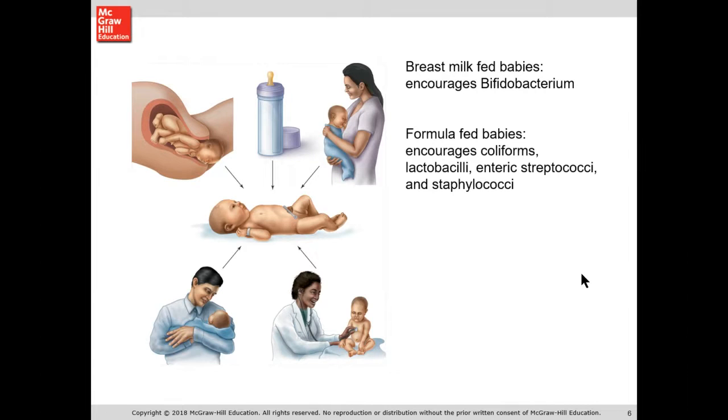So a vaginally born baby will have a more robust microbiota compared to babies that are born by C-section. And we see the same thing in breastfed babies as well. Their natural bacteria is different than a formula-fed baby. Okay, just different species. And that can even affect the weight of the baby because of the types of bacteria that are found there. So some interesting differences.